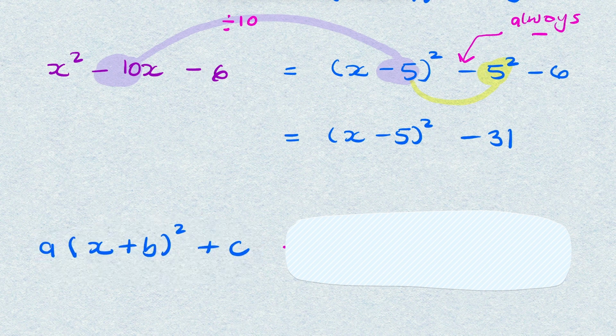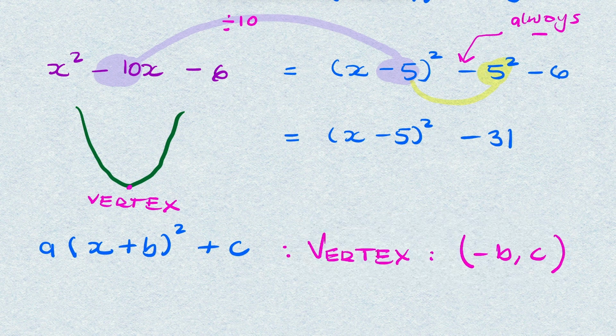So quadratics will have a turning point, a minimum point or a maximum point, and we call that point the vertex. And the coordinates of the vertex we can find from these two numbers, b and c.